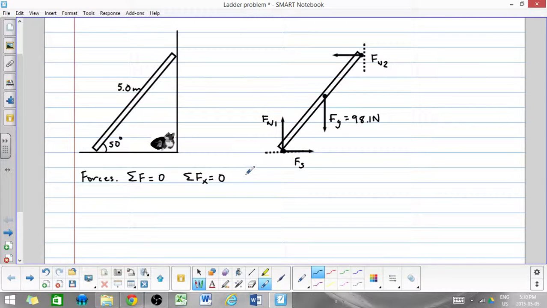We've got the force of static friction to the right, and we've got the normal force from the wall going to the left. So the force of static friction and the normal force, Fn2, are going to be equal to each other. We don't know what either one of those forces is, so we're going to have to come back to that.